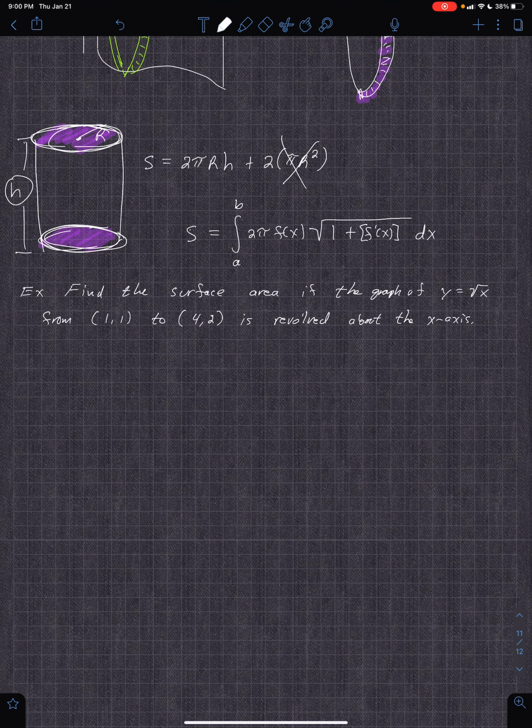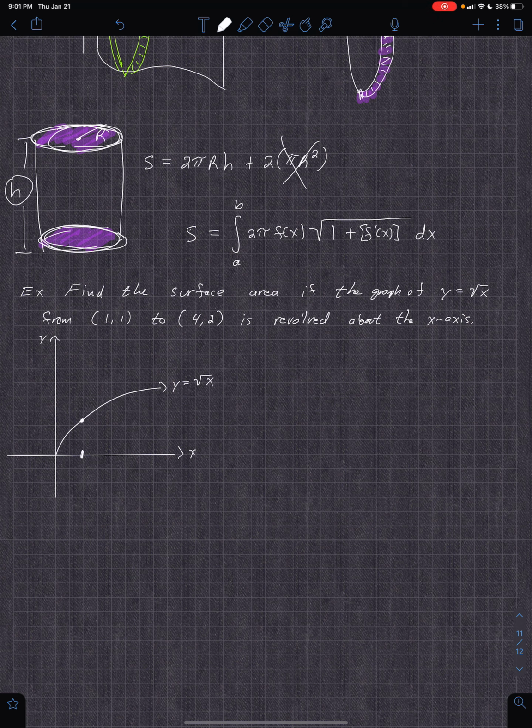Just know the basic formula here. All right, so let's take a look at the problem. I always want to graph first. So we're looking at y equal to root x, and we're going from 1 to 4. So let's just call this 1.